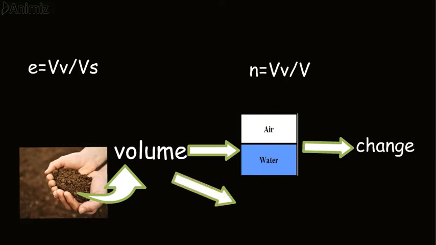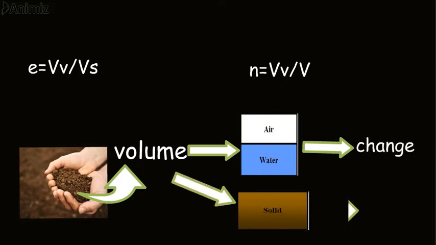But when the volume of the soil mass changes, the volume of the solid remains constant. When we use porosity, it includes the total volume, which means volume of void plus volume of solid. So in porosity, both the numerator and the denominator change. So it is more convenient to use the void ratio rather than porosity.